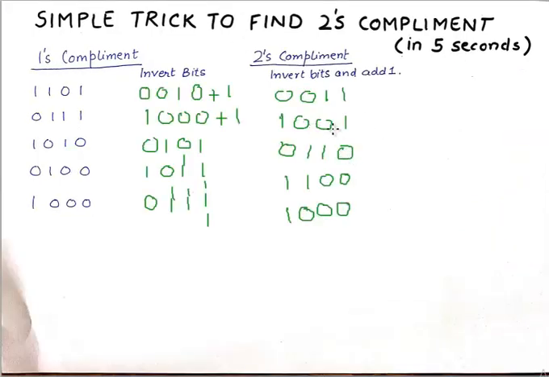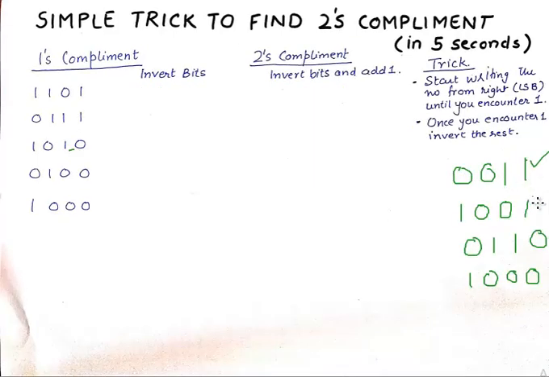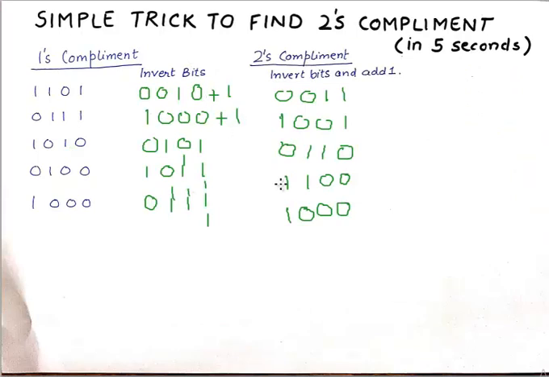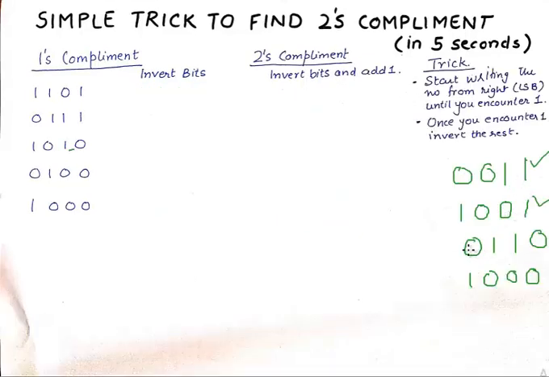Now we have 1001 as the 2's complement, and this is also correct. Then the third number is 0101 and we get 0110, which is correct.